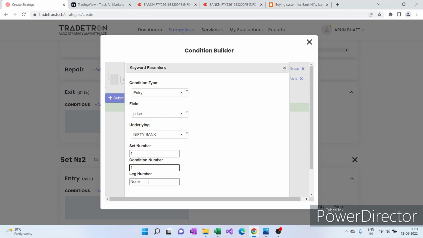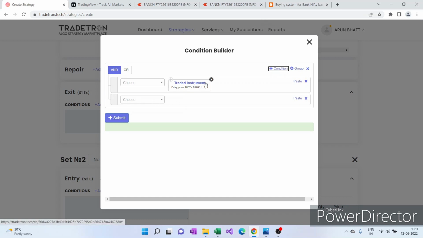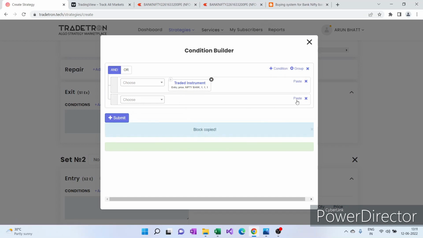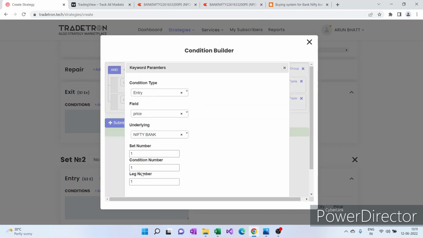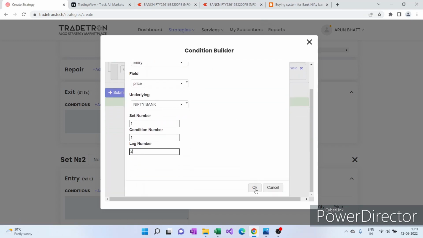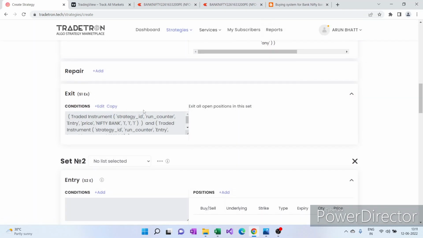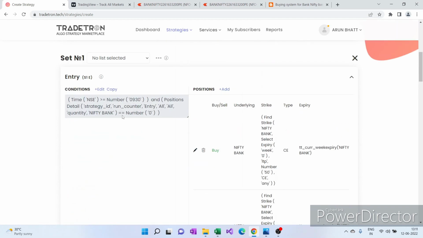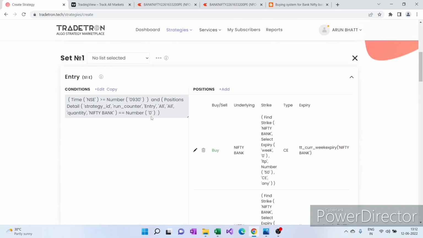Entry always has one condition on. For leg number 1 I am checking whether it is taken, and I'll be putting one more AND condition saying the same thing but for leg 2. So once both the legs are taken, it will exit that set, meaning it will exit that whole set of positions which are taken. And it will not enter again because we have given this condition that the quantity of Bank Nifty is 0. So now our set 1 is done.